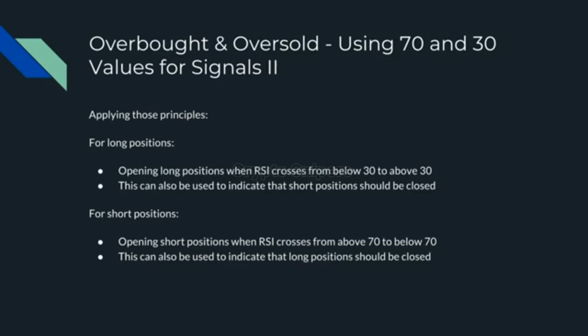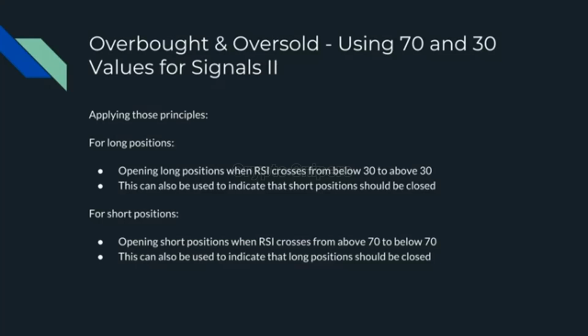If the RSI crosses from below that level to above that level, that suggests that the market is becoming less oversold. So that means the buyers are stepping in, the bulls are waking up, and they're going to push the price up, and you want to ride that with them. So it's a good time to take a long position.